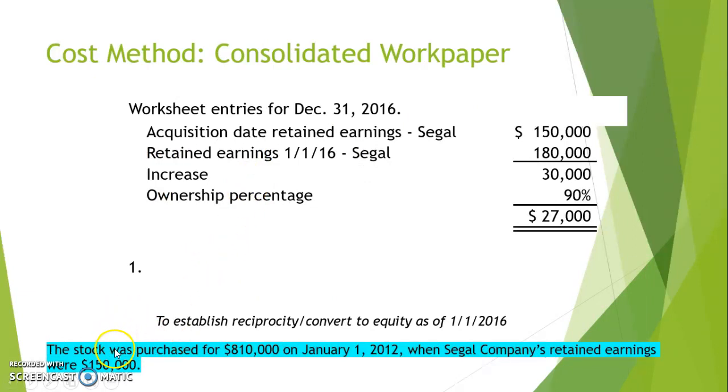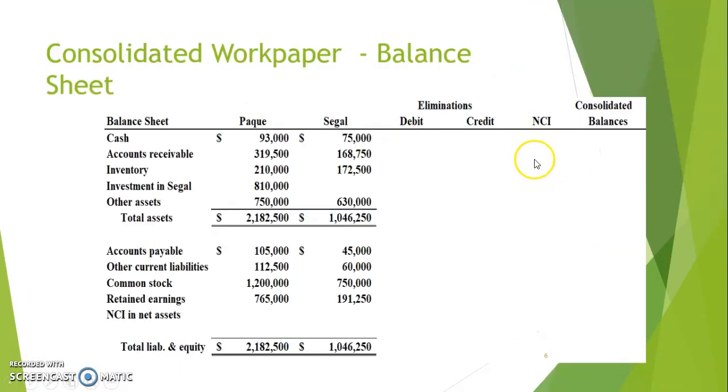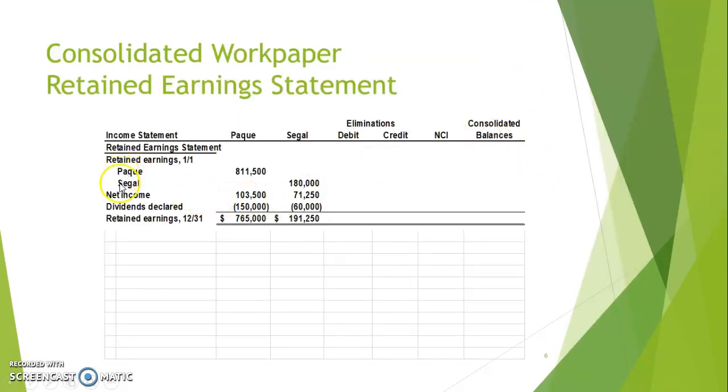Now, reminding you that the stock was purchased on January 1, 2012, and on that date you paid $810,000, and the retained earnings of the sub was $150,000. Now you would note from looking at the statement of retained earnings that the retained earnings of the subsidiary at January 1, 2016 is now $180,000.